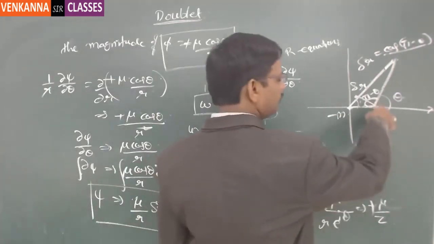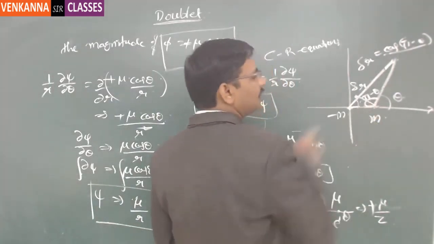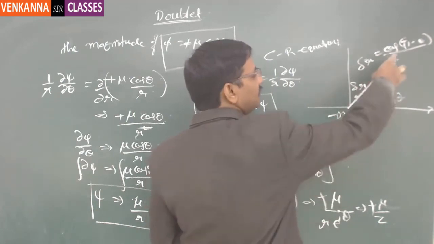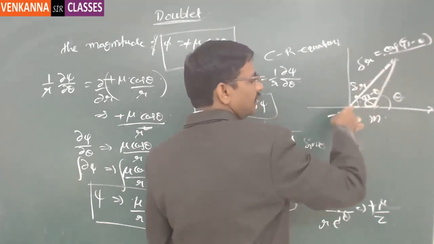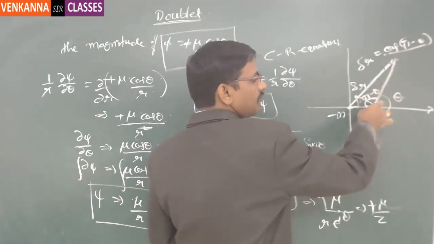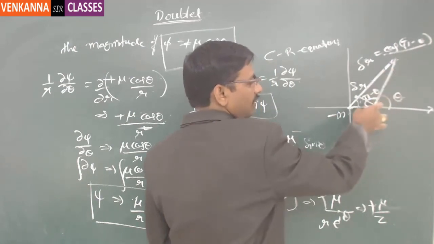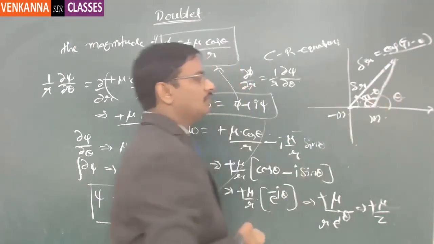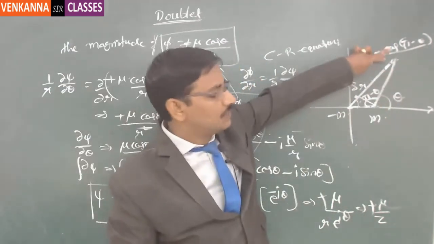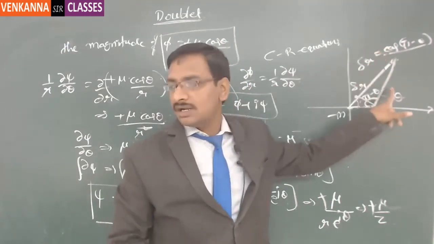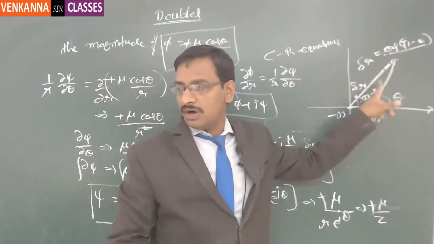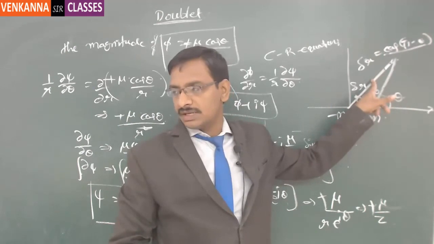So this angle is theta, and obviously this angle will be d theta. This entire length is r, and this length is r plus delta r, right? In this particular case, r plus delta r is the lesser value and r is the more value, correct or not?